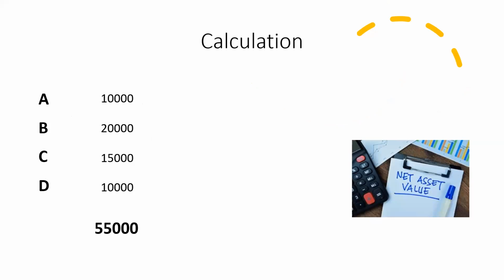As per our example, we have A, B, C, D, totally four parties, and the fund manager is going to collect rupees 10,000 from party A, rupees 20,000 from party B, rupees 15,000 from party C, and rupees 10,000 from party D. So at the end, 55,000 is the total amount of money held by the fund manager.